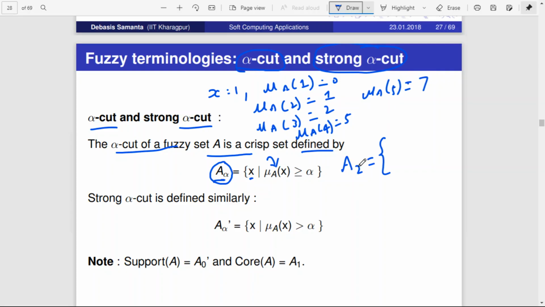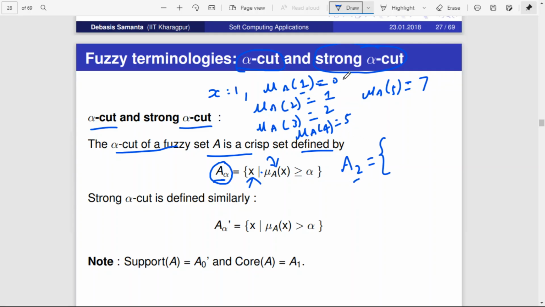So what does A alpha mean? It will take only those x which are producing a membership function value greater than or equal to alpha. A2 means it will take only those x which produce a membership value greater than or equal to 2.